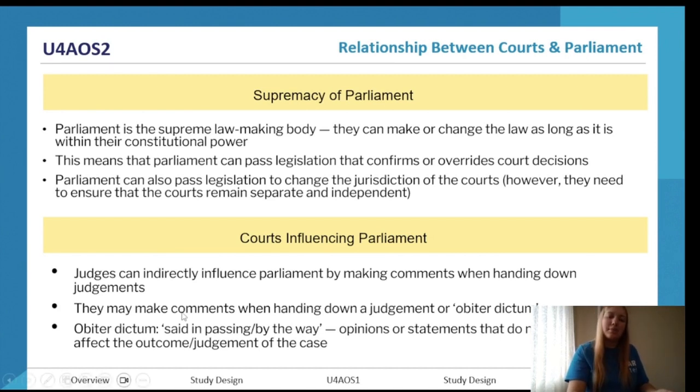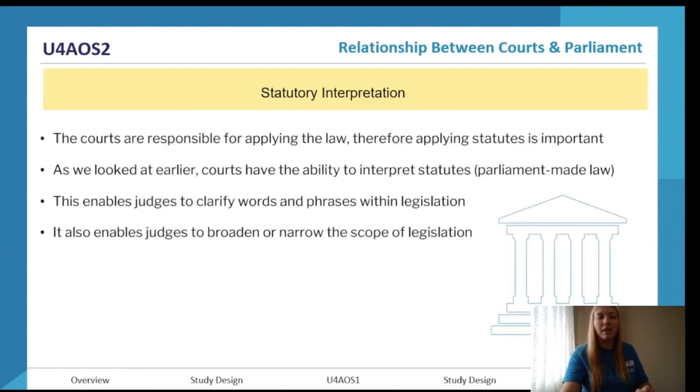So key concepts, just obiter dicta under how courts influence Parliament for now. And Parliament as the supreme lawmaking body being able to override courts' decisions and the doctrine of precedent. Next, we have statutory interpretation. Of course, courts are responsible for applying the law, and therefore applying acts or statutes is very important.